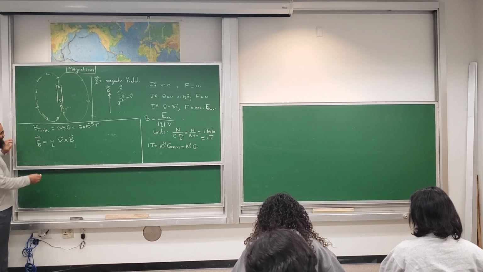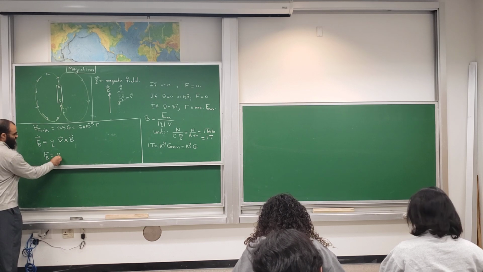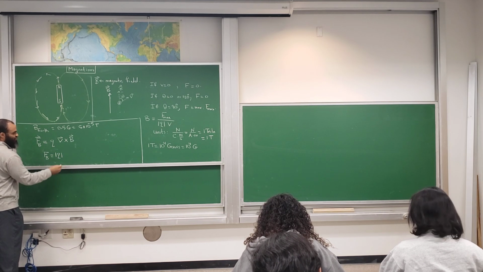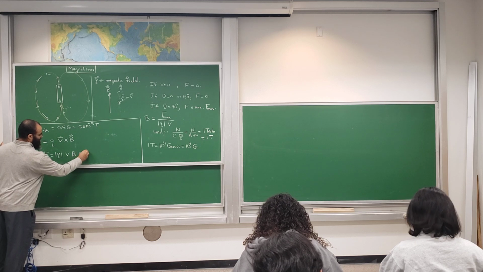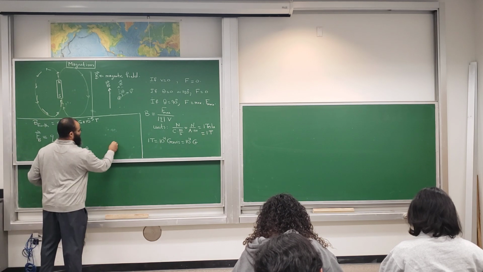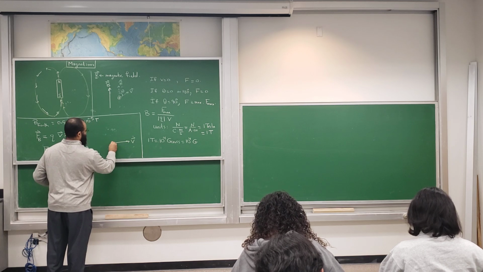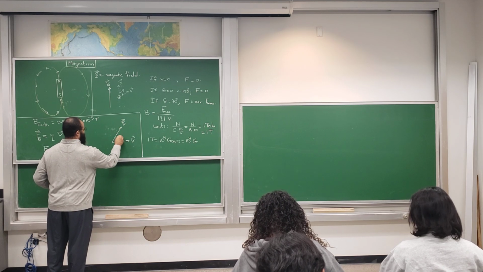The magnitude of a cross product, let me put here FB, the magnitude is just the absolute value of Q, speed, times B, times the sine of the angle between the velocity and the magnetic field. So let me write it. So here is B, let's say, and maybe B is this way, and this is the angle between them.